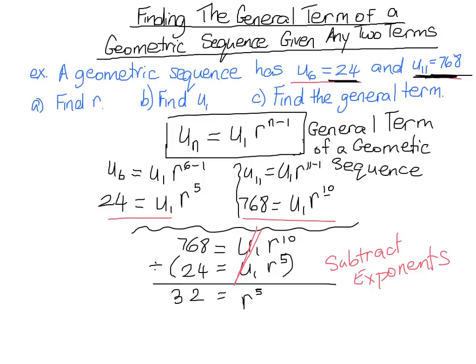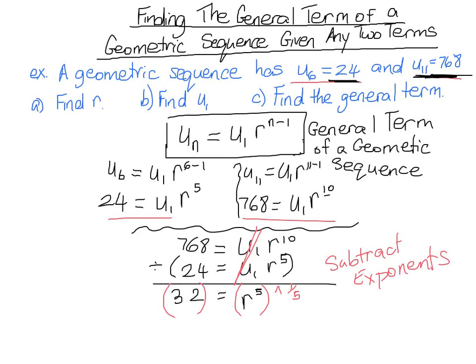Now, that means we're almost at the end. The opposite of raising something to the 5th power is raising it to the 1/5 power, or we could take the 5th root. Same thing.